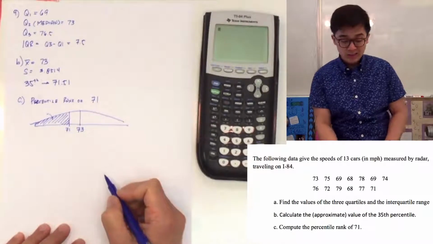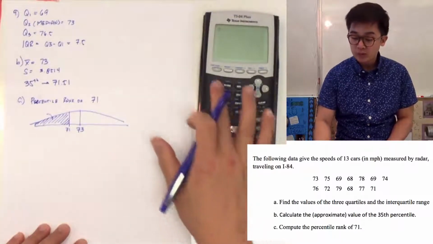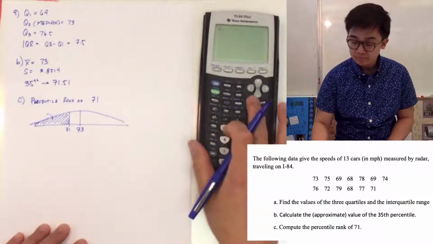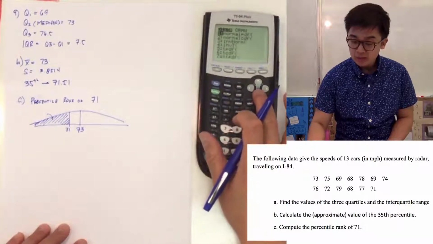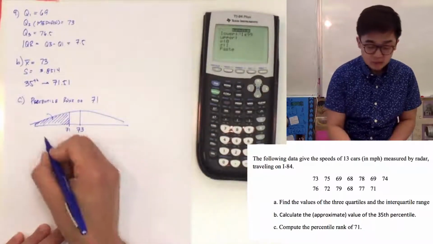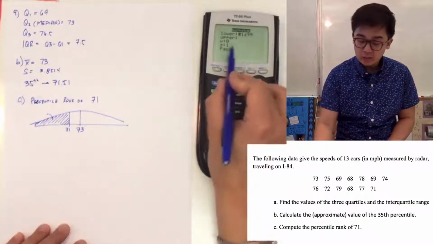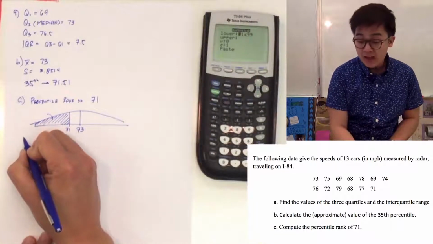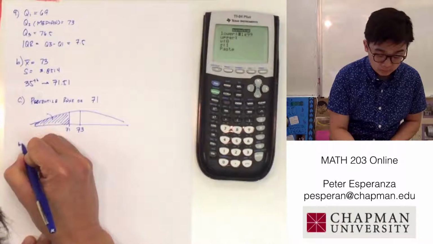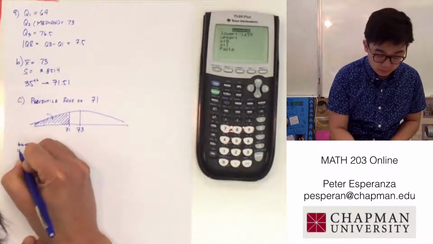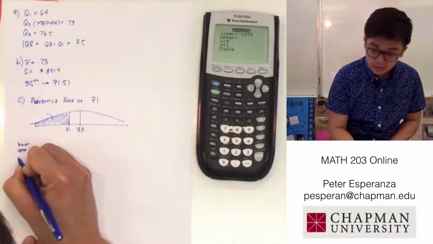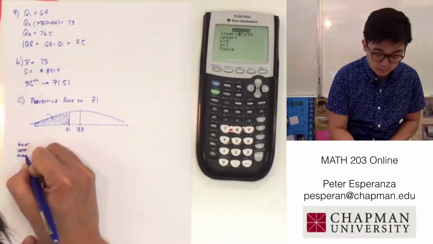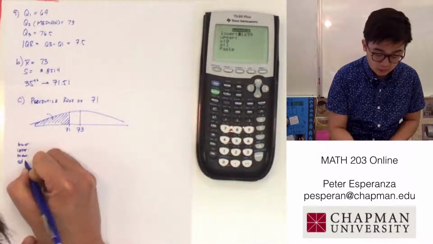So to do this in the calculator, we're just going to push second function vars, and go to normal CDF. In this case, we are asked to plug in the lower, the upper, and the mean and standard deviation of our distribution.